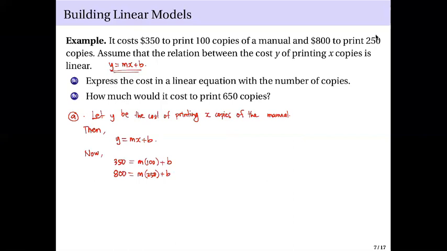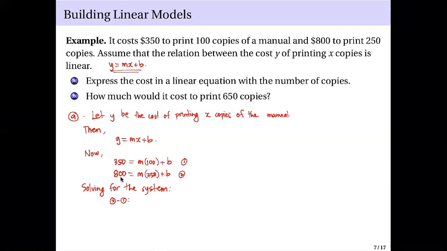So now we solve this system. We can label these as equation 1 and equation 2. Let's subtract equation 2 minus equation 1.